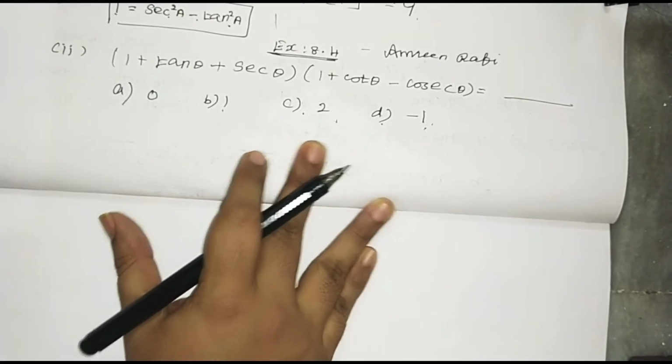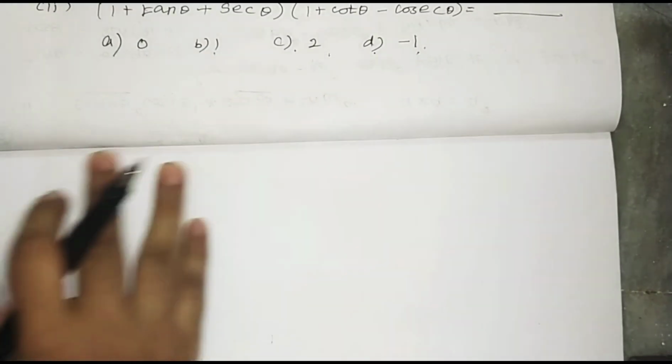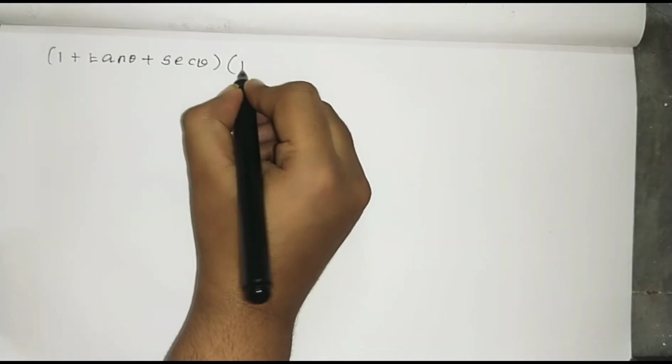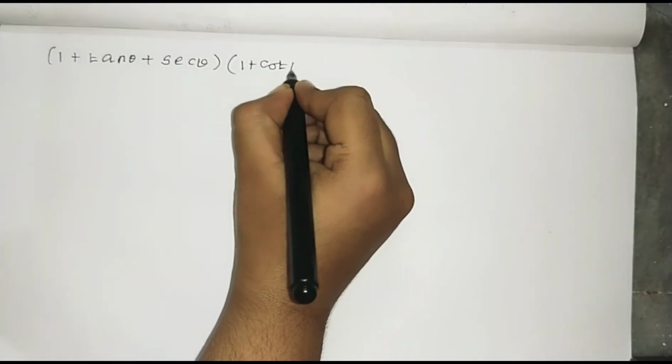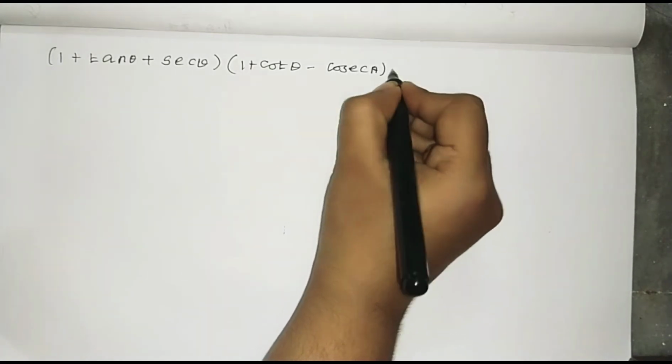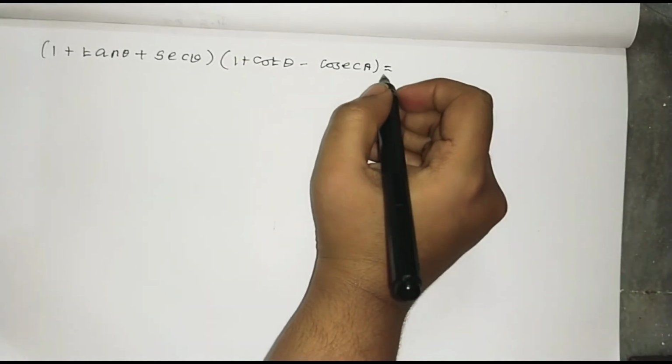So first we write the left hand side as it is. The left hand side of the question they have given: 1 plus tan theta plus secant theta, another one 1 plus cot theta minus cosecant theta. So listen carefully.